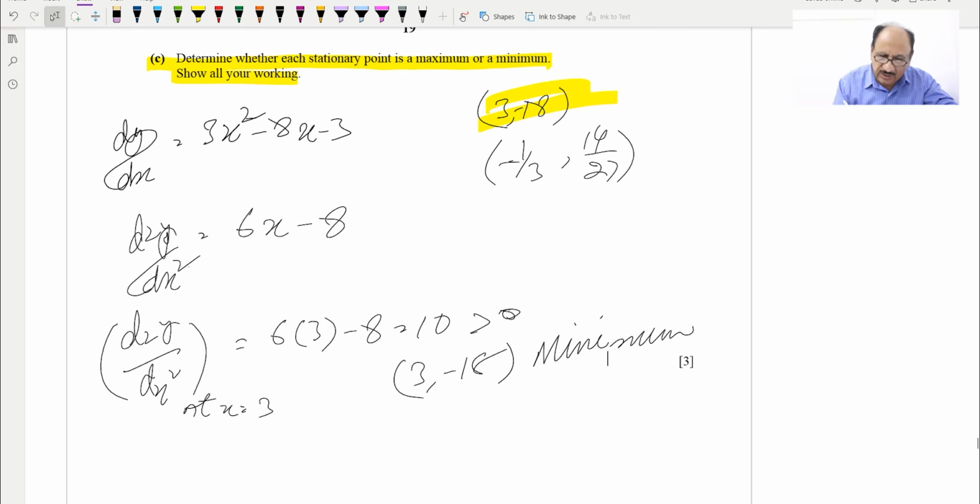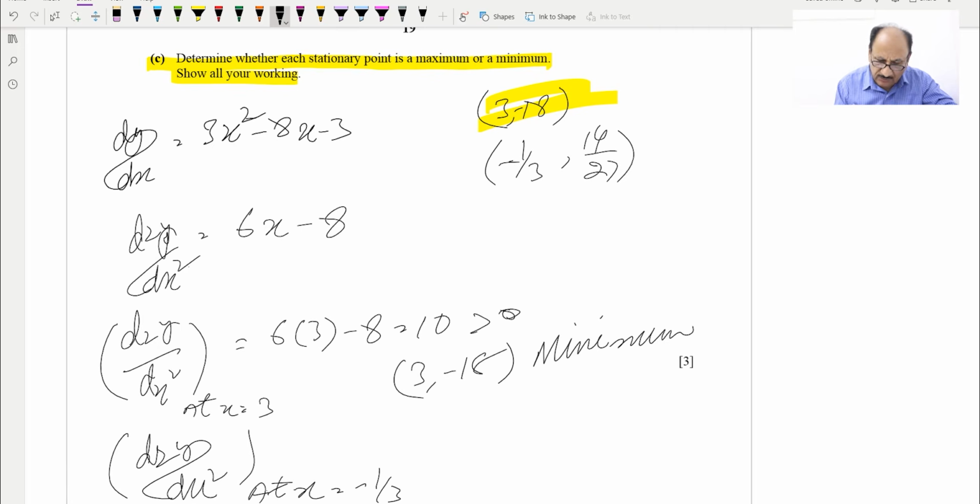And for the second point, if we take d²y/dx² at x = −1/3, this will be equal to 6 × (−1/3) − 8. 3 twos are 6, so −2 and −10, which is less than 0.